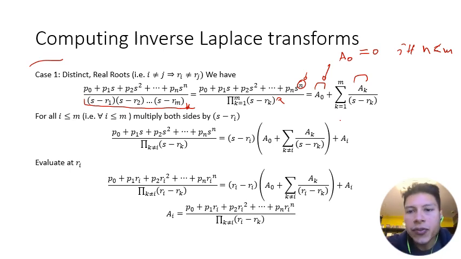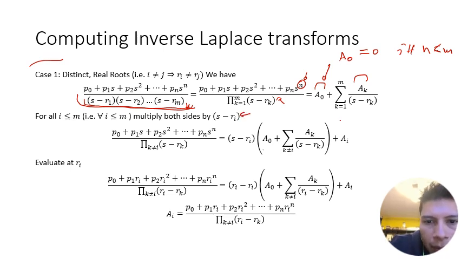Okay, so let's just assume for now that n equals m so that we have to keep it. In order to find the A's for this expression, we can use a very simple heuristic, where we multiply both sides of this equation by s minus ri.